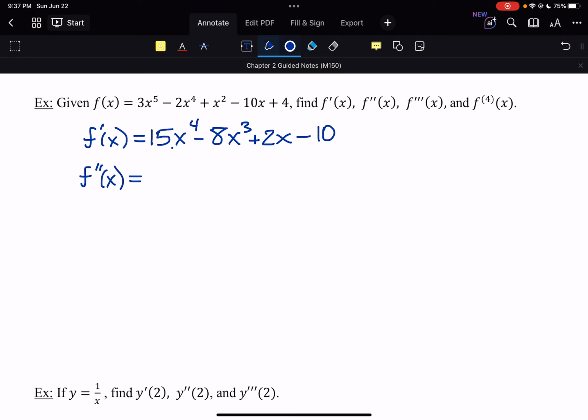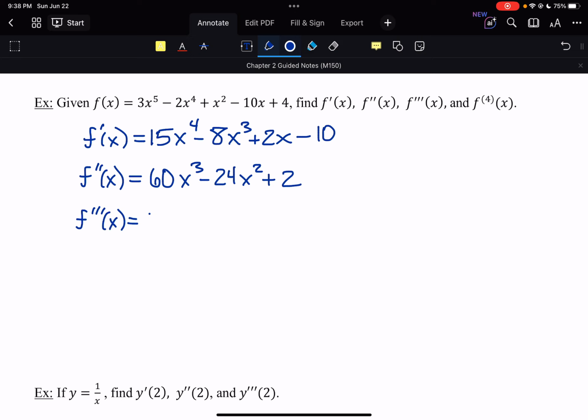For f double prime of x, we take the derivative of the derivative now. So we bring down this 4. So 15 times 4 is 60, x to the 3rd. Minus, bring down the 3, that's 24, x squared. Plus 2, because the derivative of x is 1, so 2 times 1. And then minus 0. The third derivative is the derivative of this one.